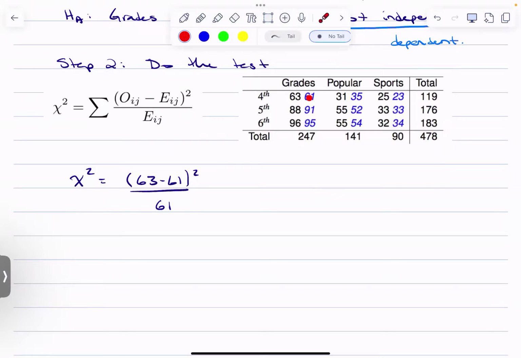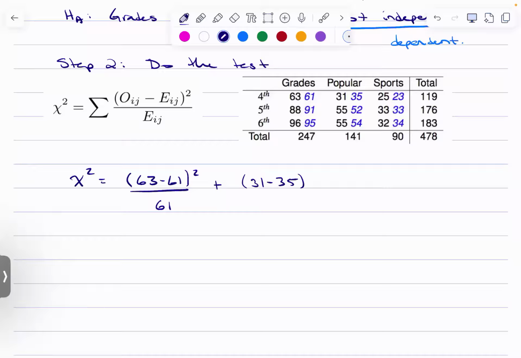That's your first cell. And it doesn't matter which way you go. I like to read just left to right down the lines, but if you prefer to go down the columns, it doesn't matter. You're just adding up individual numbers anyways. And so I'm going to move across to 31.